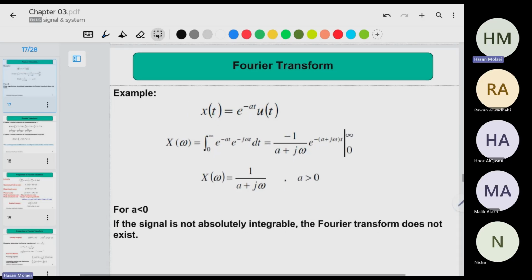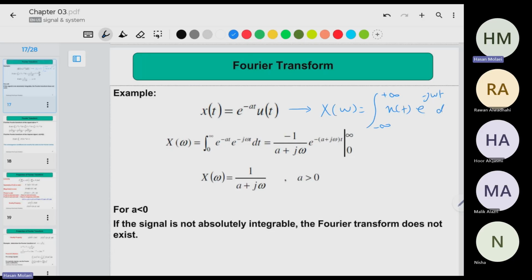So if we write the relationship, X(omega) is the integral from minus infinity to infinity of x(t) e to the power of, positive or negative? Negative. d t.